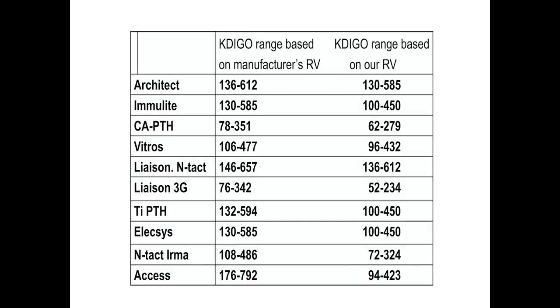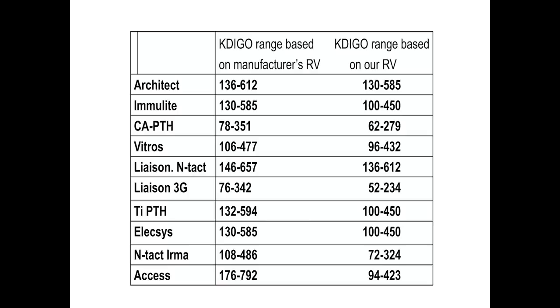So if we want to target this KDIGO suggestion based on the manufacturer's reference values, you can see for this assay up here, it would be, say, 136 to 612, but based upon the other normal range it was 130 to almost 600, not too bad. But this last assay would have values up to close to 800, but if the normal range is different, it would be closer to 400.